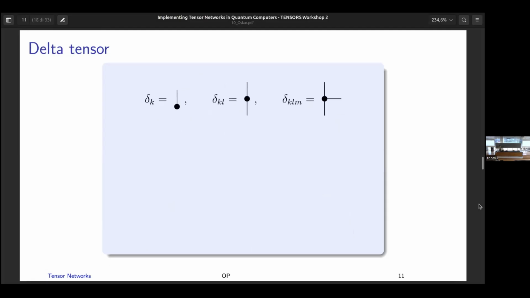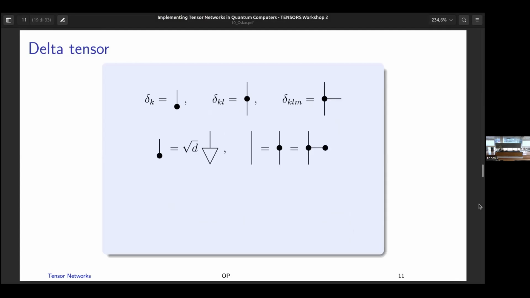So first of all, let me introduce the delta tensor, which is also known as the copy tensor, and I denote it by a dot with as many legs as required. This delta tensor has element 1 if all the indices are the same. And if there's only one index, then it's the all-ones vector.